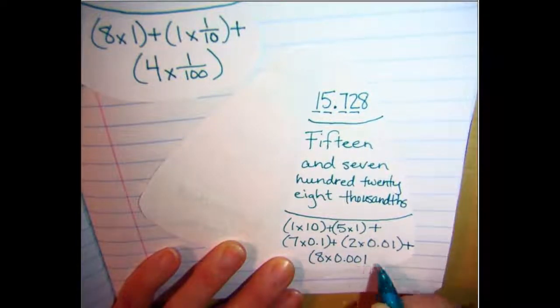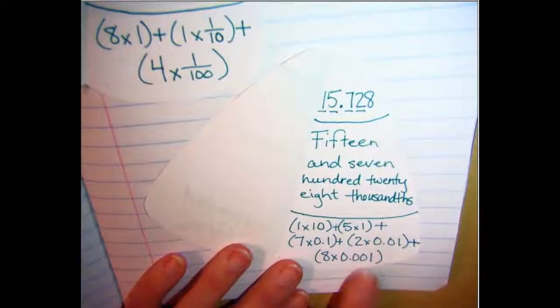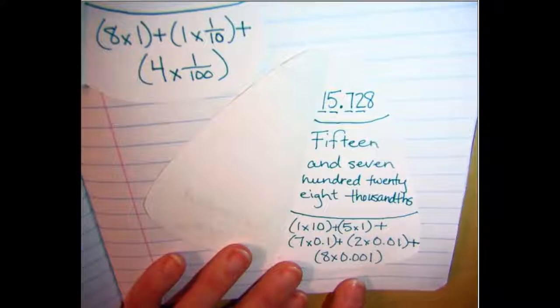No, 0.001. 8 times 1/1000th written as a decimal looks like this. If you put 0.008, that's going to give you 64 thousandths. So be careful with that, okay?